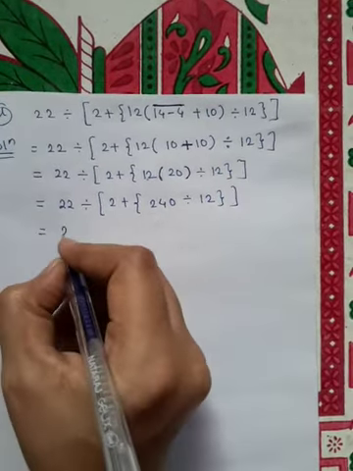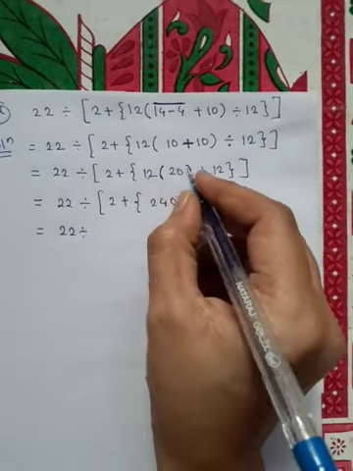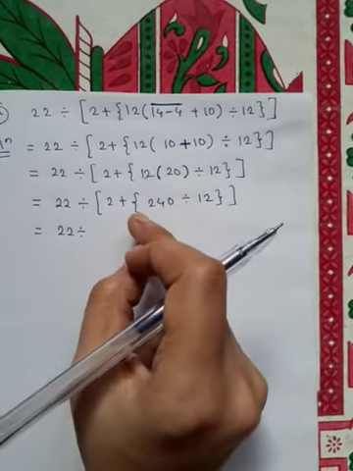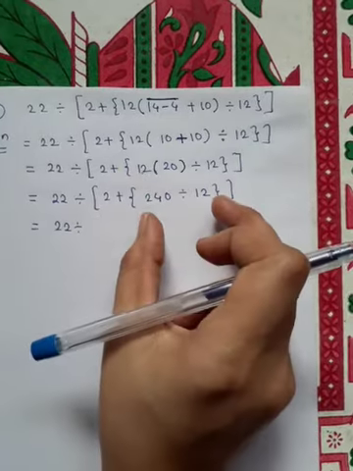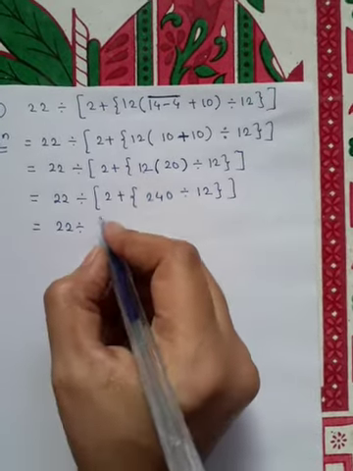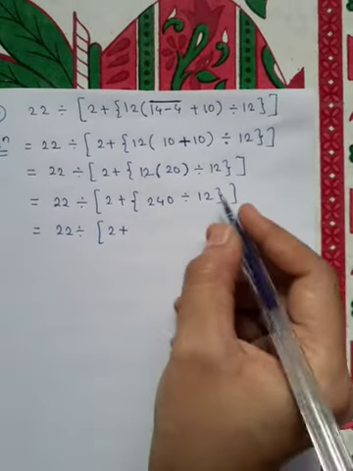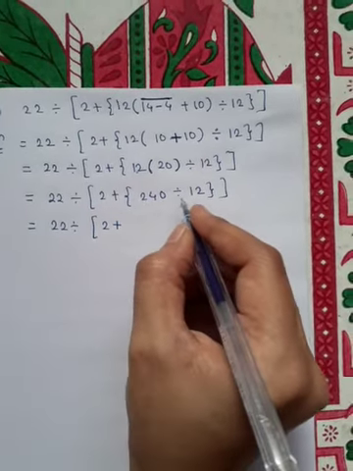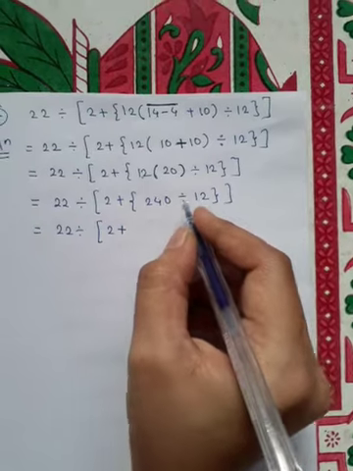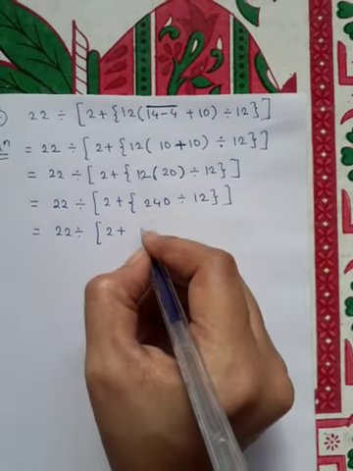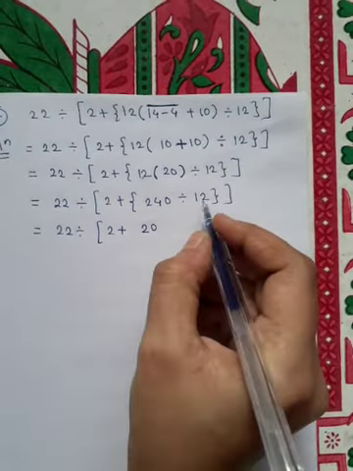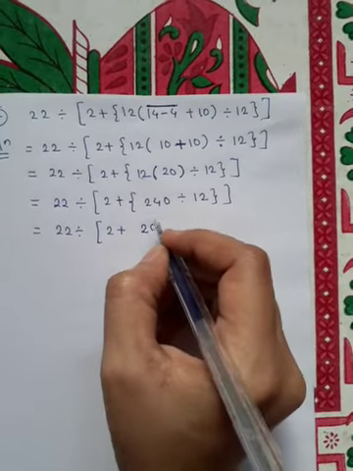Okay, now we have solved the round bracket. Now there remain curly bracket and square bracket. So first solve the curly bracket. So write other terms as it is. In the curly bracket there is division of 240 by 12. So when we divide 240 by 12 we get 20. 12 twos are 24 and 0.